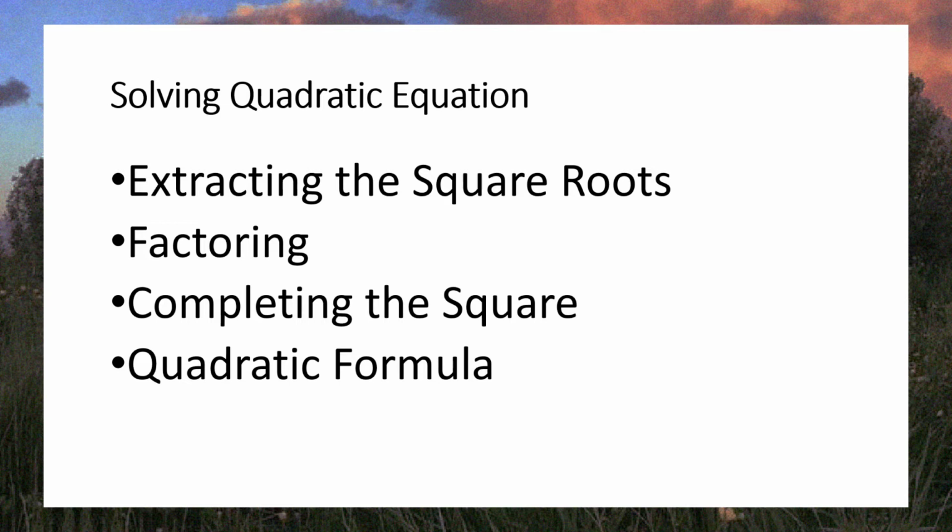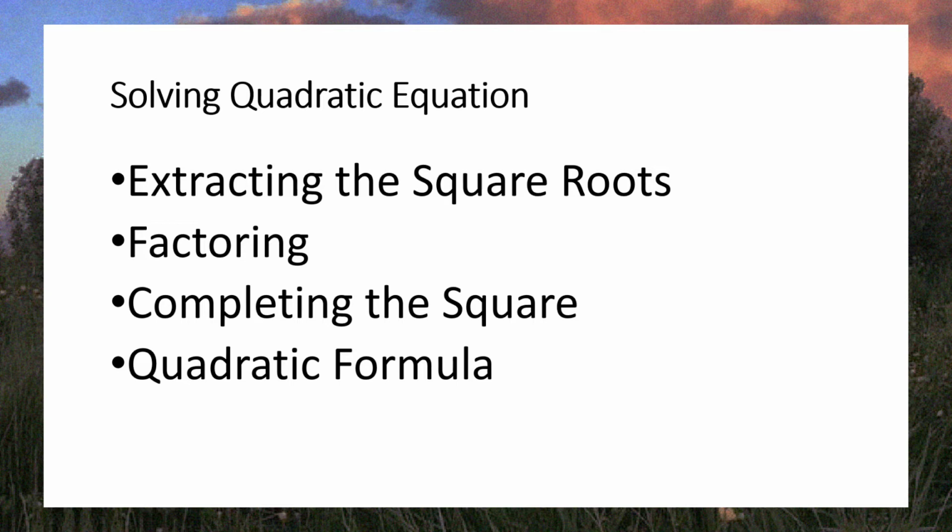So, i-review lang natin. When we say extracting the square roots, hahanapin natin yung pinaka-root ng radicand. Para mahanap ang root ng radicand, kailangan nating alamin ano ba yung number na pagka minultiply mo sa sarili ay makukuha mo yung radicand.